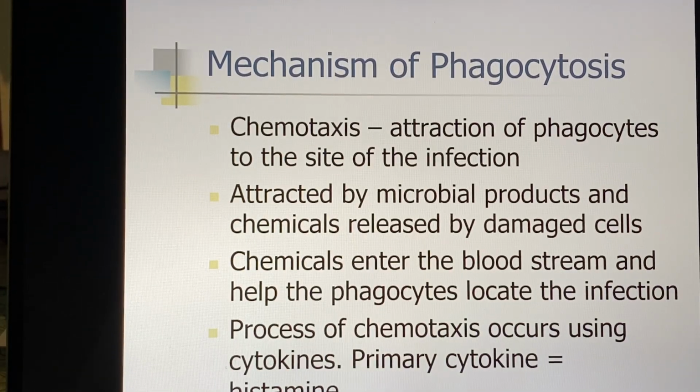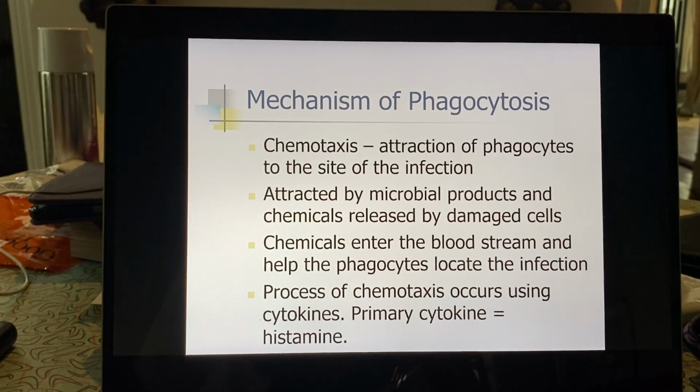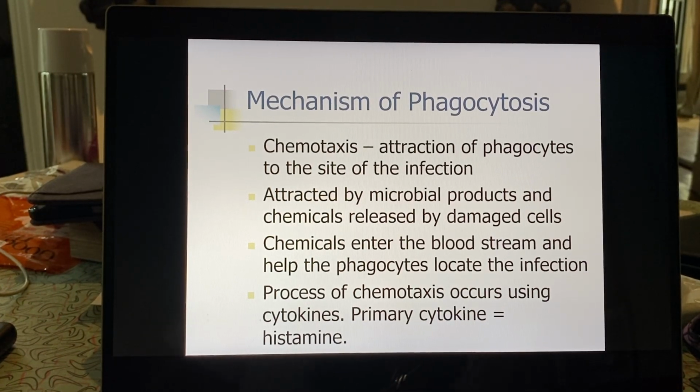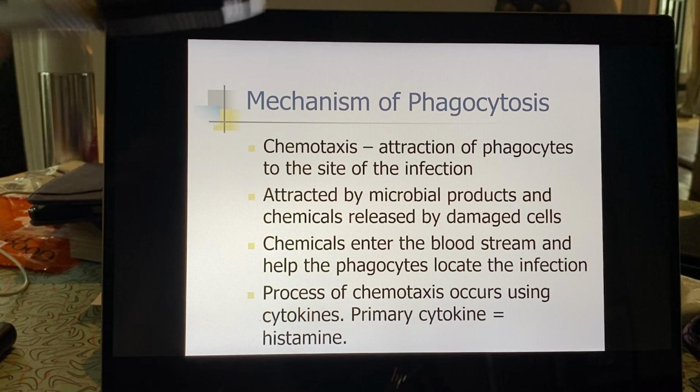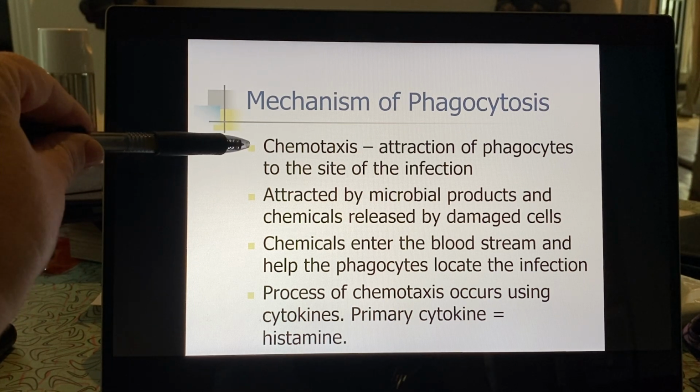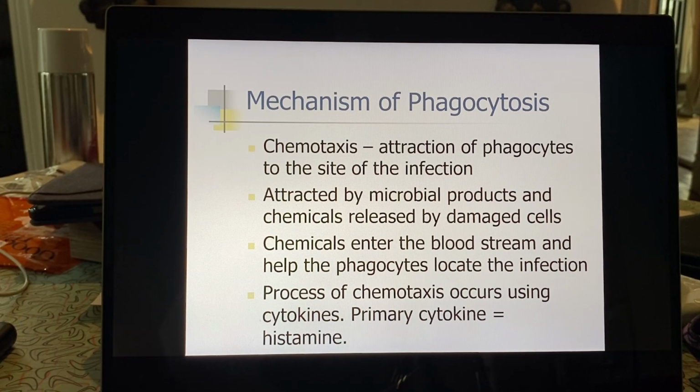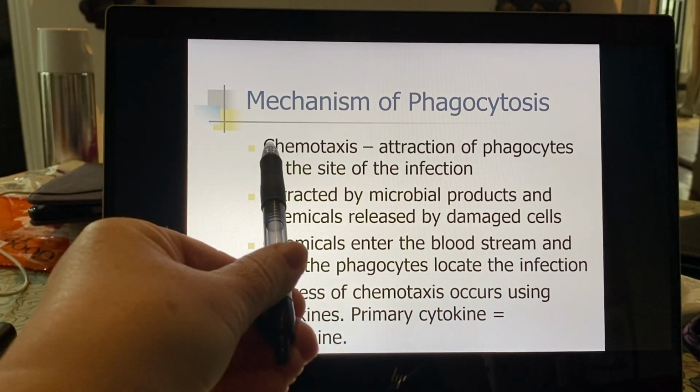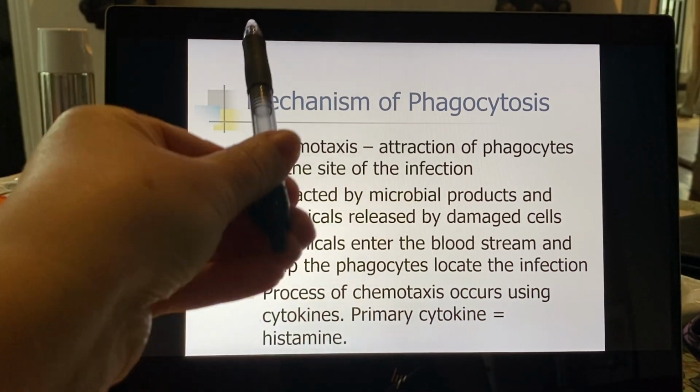So how does this process occur? How do neutrophils and macrophages know to get to the site of the infection and to start eating things? Well, the process is called chemotaxis, and we had talked about this term in chapter 4. So if we break this down, chemo just means chemical.